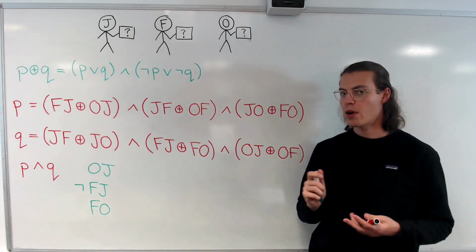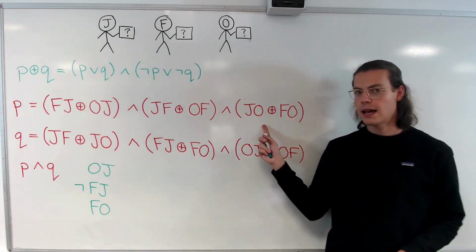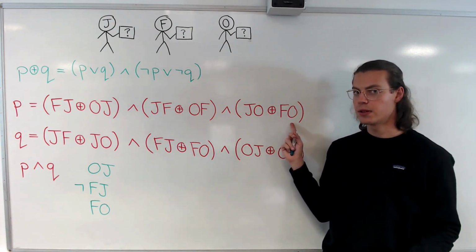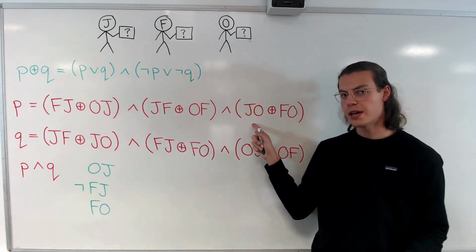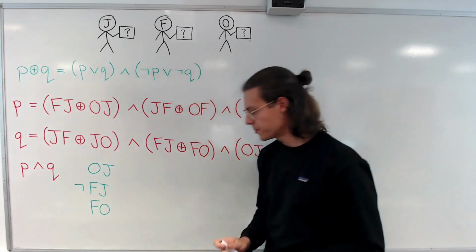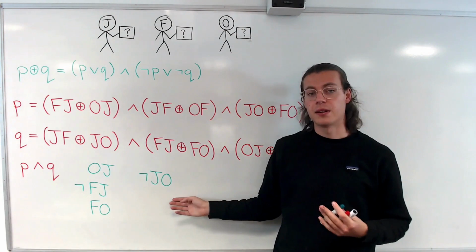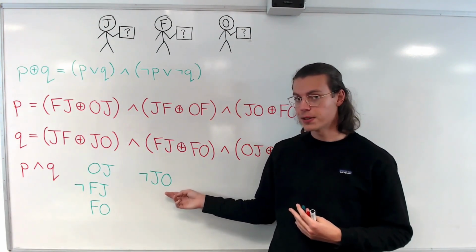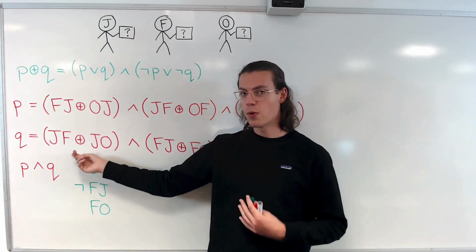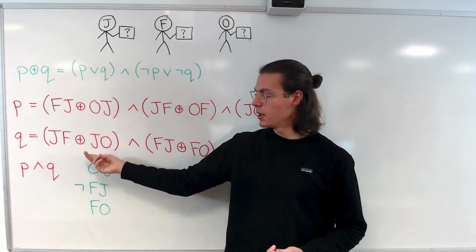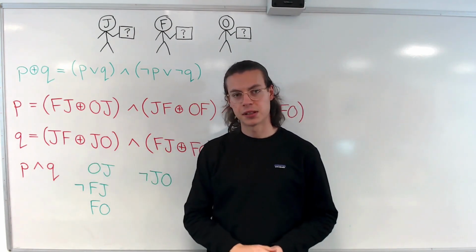Now, since FO is true, and exactly one of JO and FO is true, this means that JO must be false. Now, since JO is false, and exactly one of JF and JO is true, JF must be true.